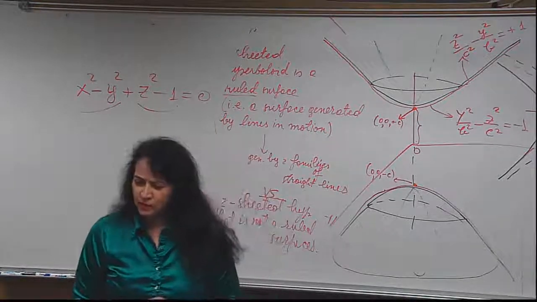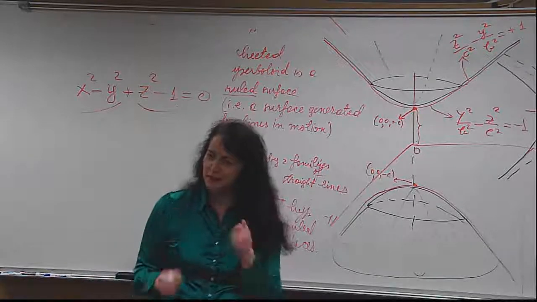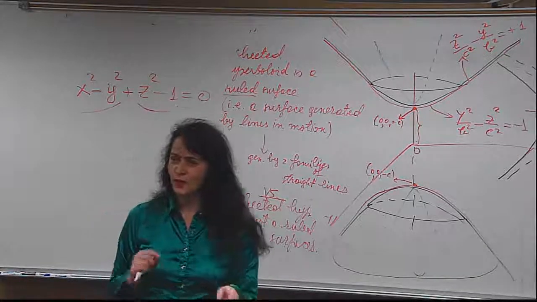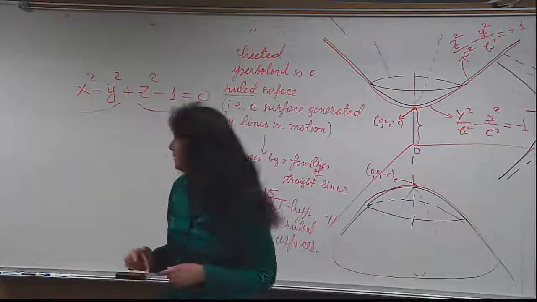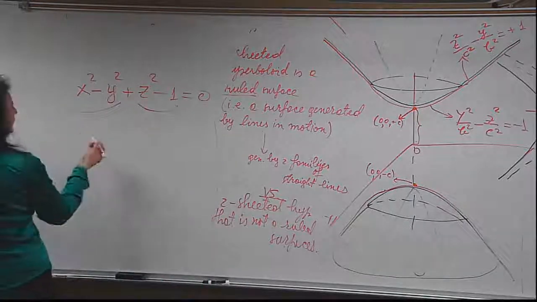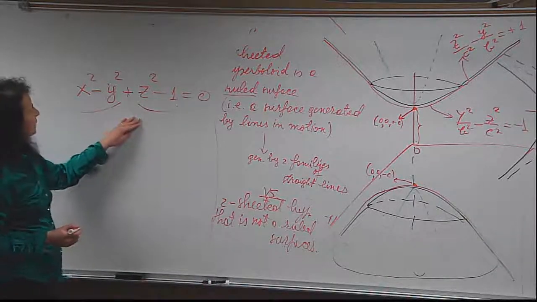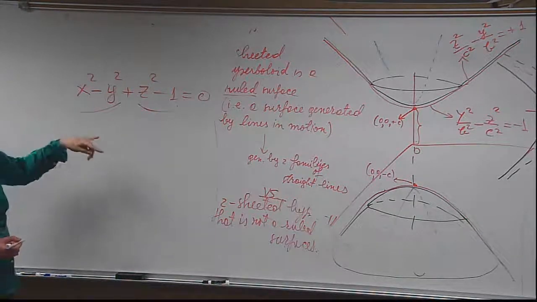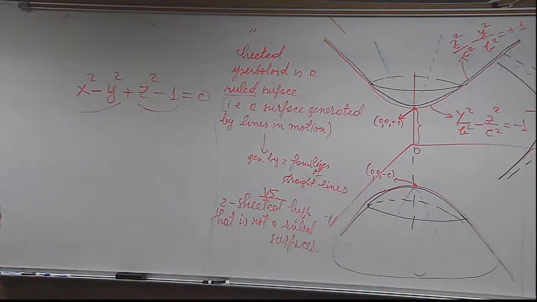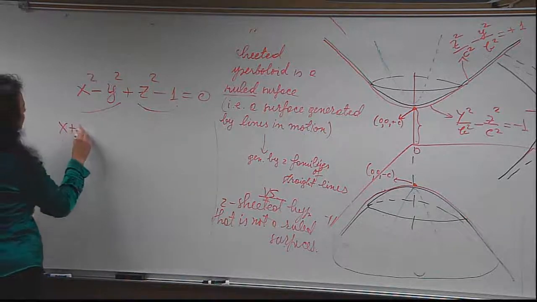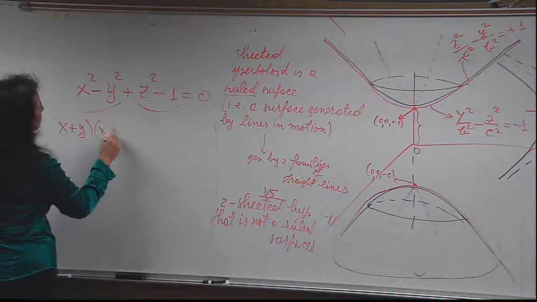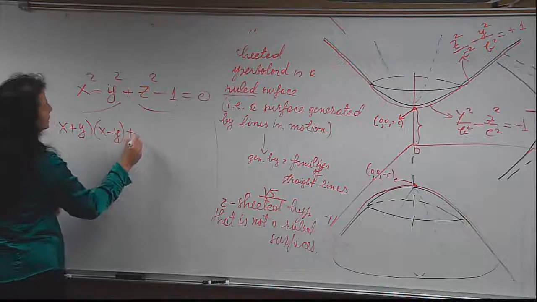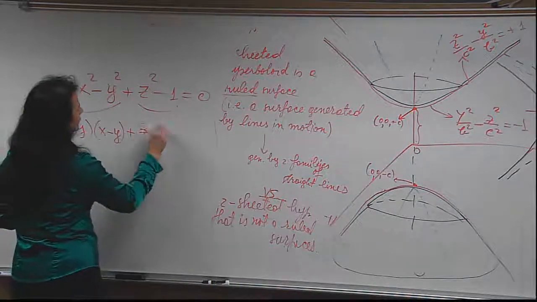And he said, the fact that you have plus minus reminds me of high school, and I used to be very good at that. And then he went ahead and said, what kind of hyperboloid could that be? That would be a one sheet, because it's two minuses, two pluses when you look at that. So he went away and wrote x plus 1, x minus 1, and z plus 1, z minus 1.